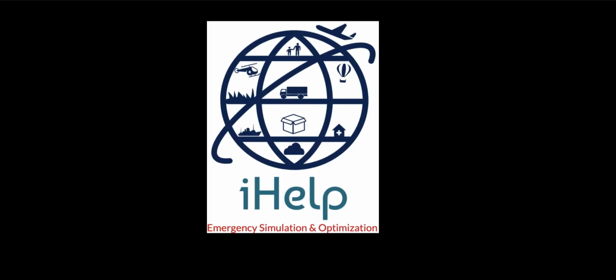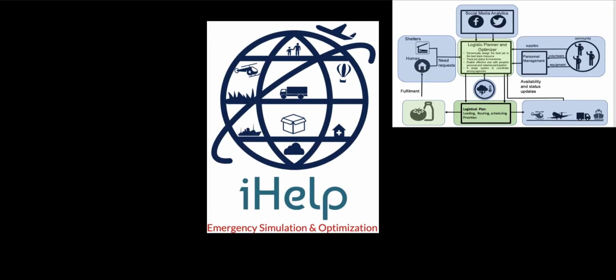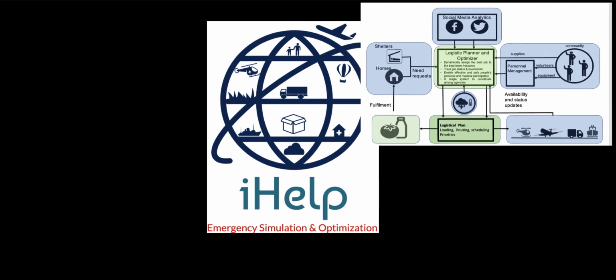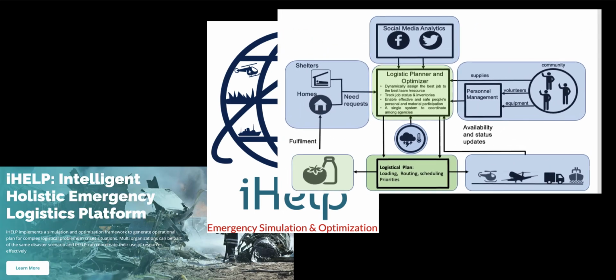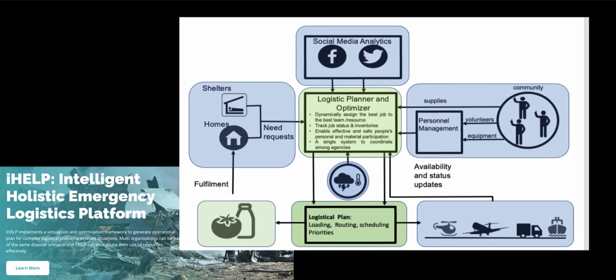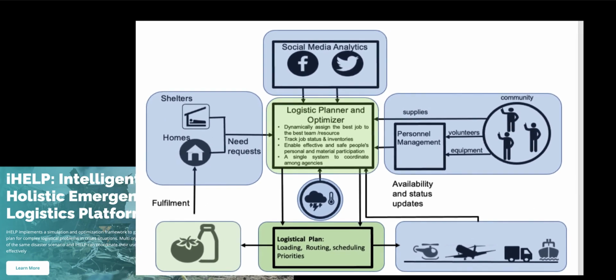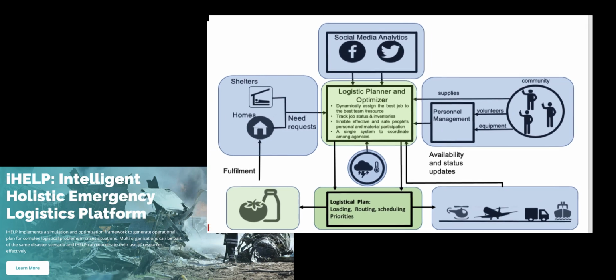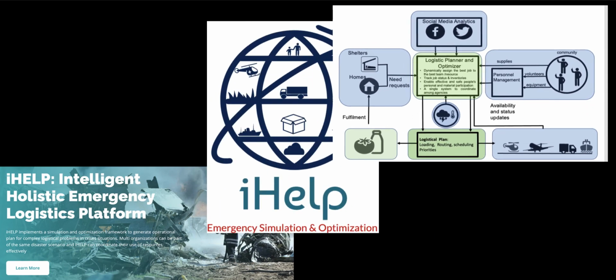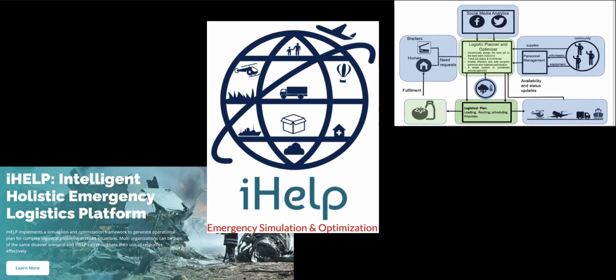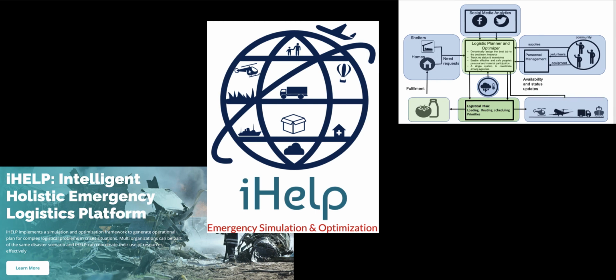In summary, iHELP is a simulation and optimization framework that was implemented using open source technologies to optimize logistical plans and distribution of relief in case of disasters. Social media is an input to iHELP, and it currently uses AI and machine learning to classify tweets and posts from social media into different types of disasters and score them for trust.